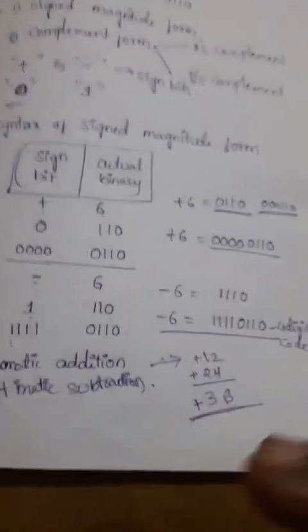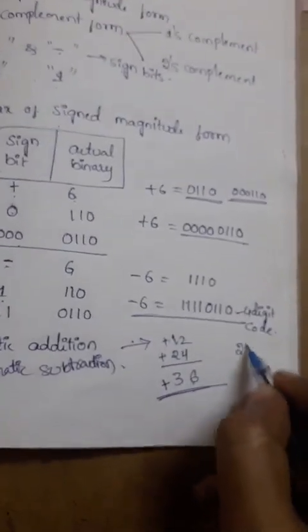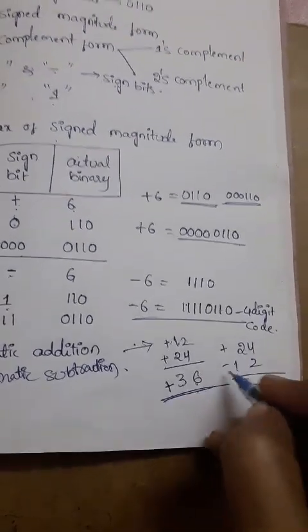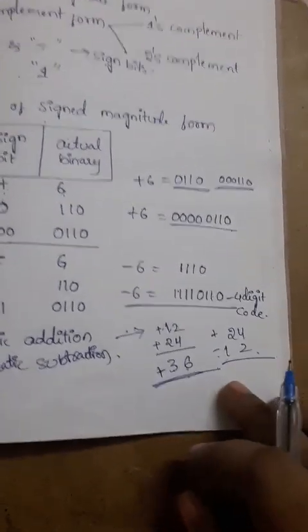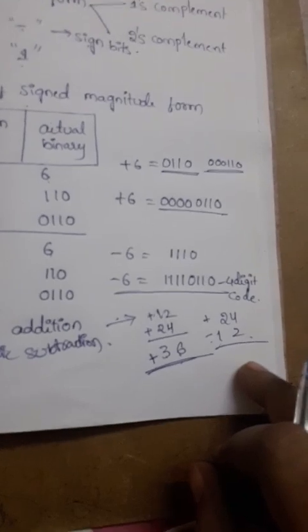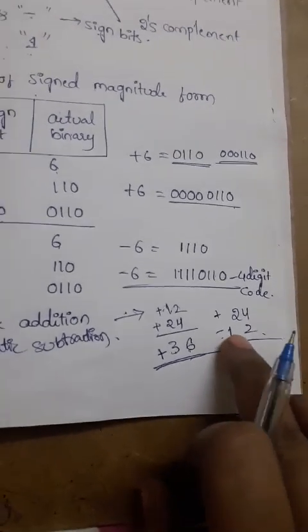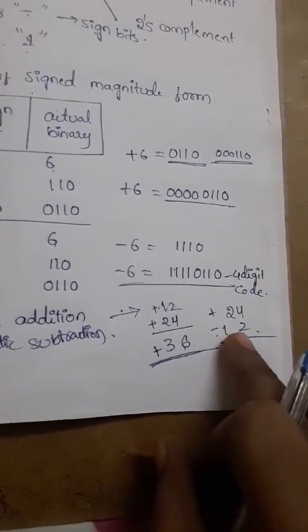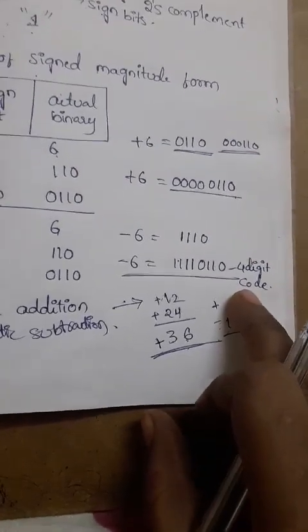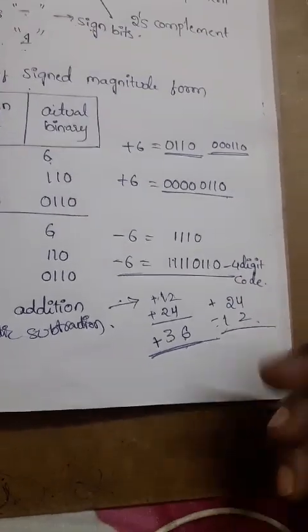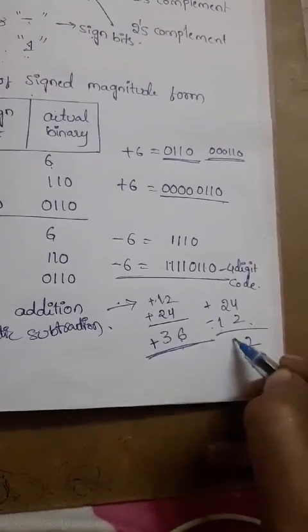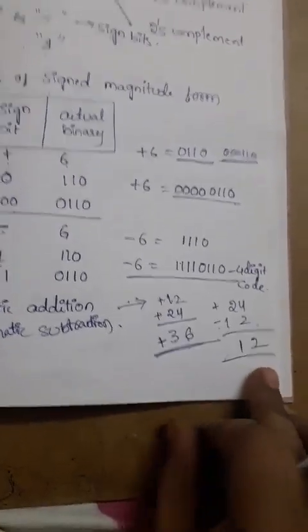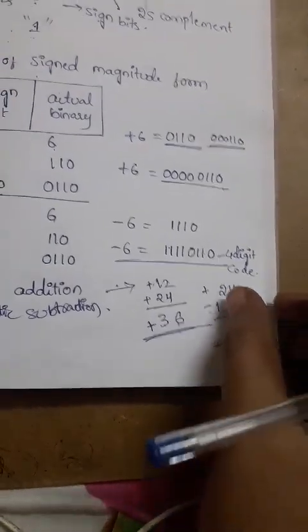If the signs are different, like this, 24 having the plus sign and 12 having the minus sign, we subtract the smaller magnitude from the larger and give the result the sign of the larger magnitude.